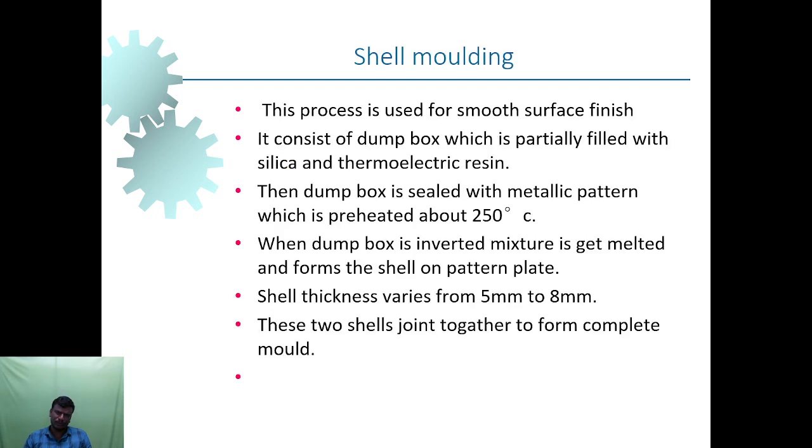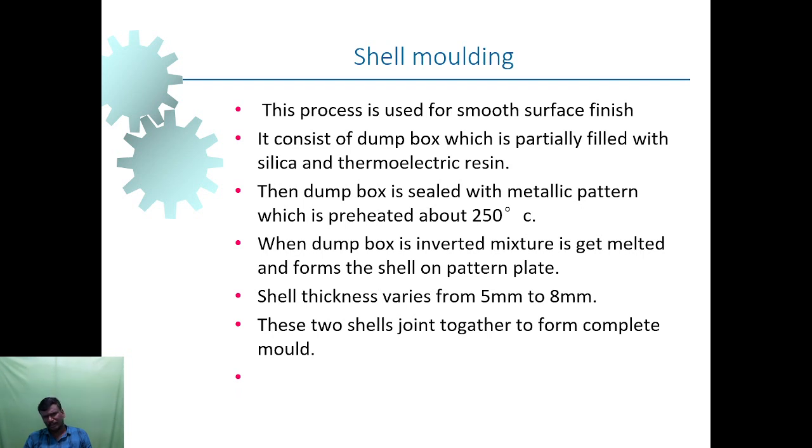The next casting type is shell molding. This process is used for a smooth surface finish. It consists of a dump box which is partially filled with silica and thermosetting resin. Then the dump box is sealed with a metallic pattern which is preheated to about 250 degrees Celsius.